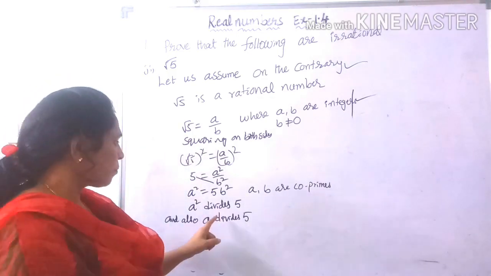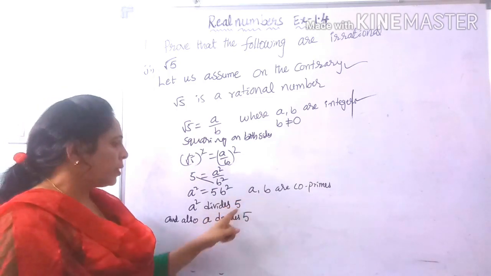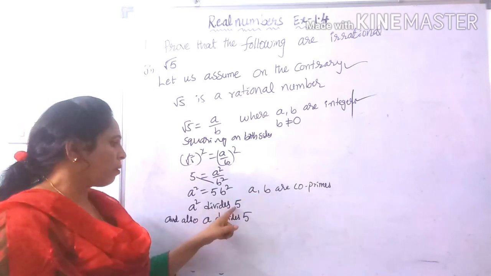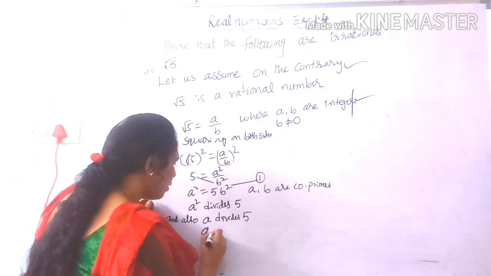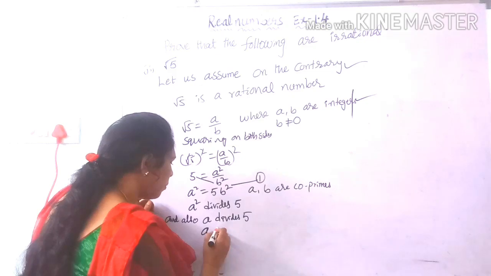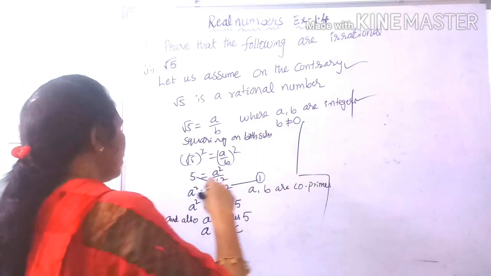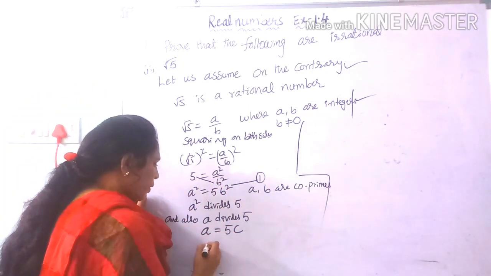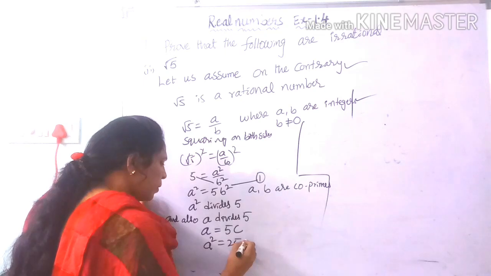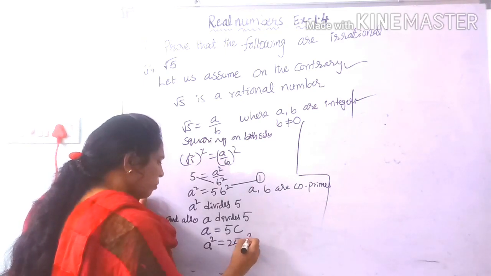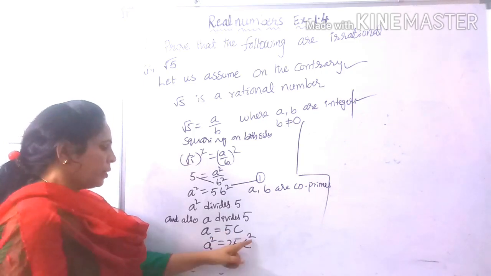So here 5 is a common factor. Being co-prime, there should not be a common factor. So a can be written in the form a is equal to 5c. Here a is equal to 5c, a square is equal to 5c whole square, that means 25c square.